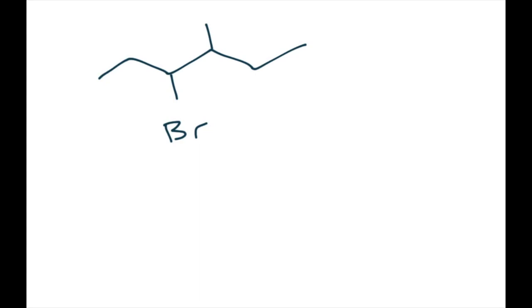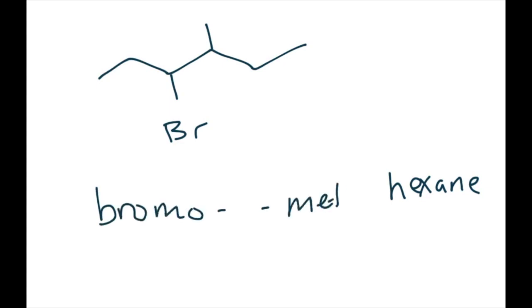So what's our longest chain here? Hexane. Yep. And then what are my two substituents? Yep. So it's not bromine, it's bromo. It's not methane, it's methyl. So here's our longest chain.